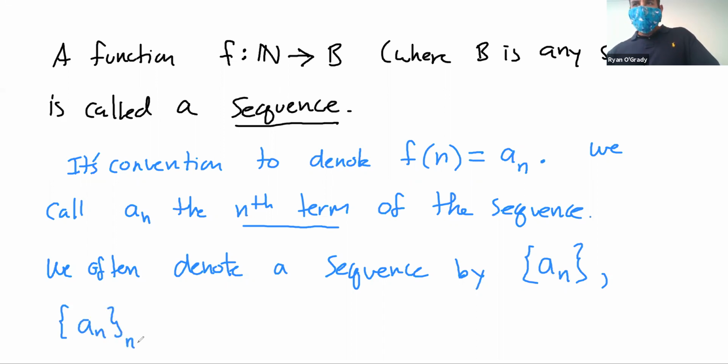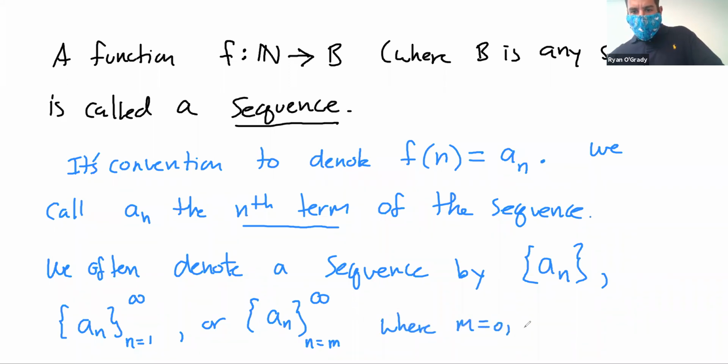We might say n equals 1 to infinity, or we might even be a little more general and say that n starts at anything, not necessarily 1, where m equals 0, 1, 2, 3, etc.